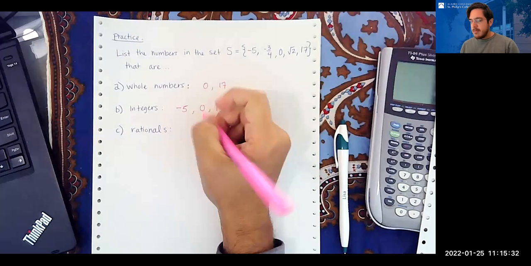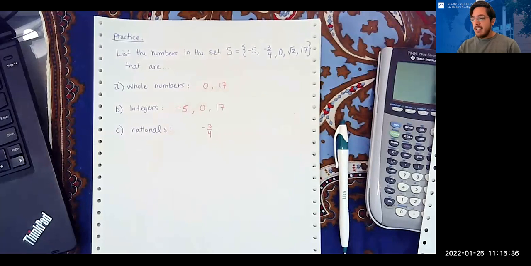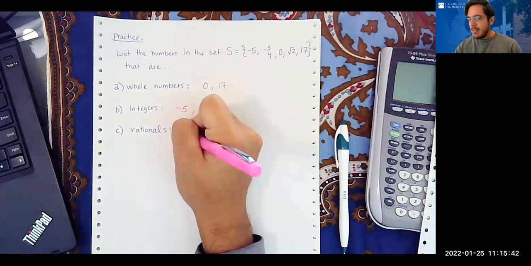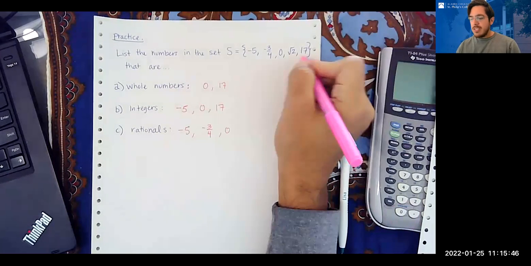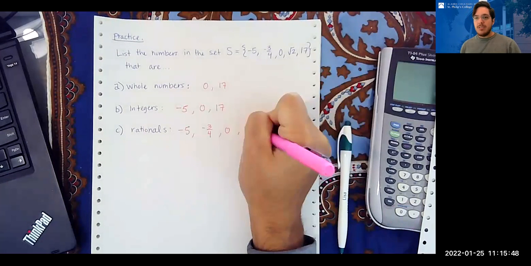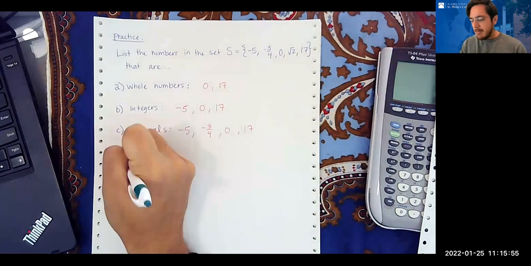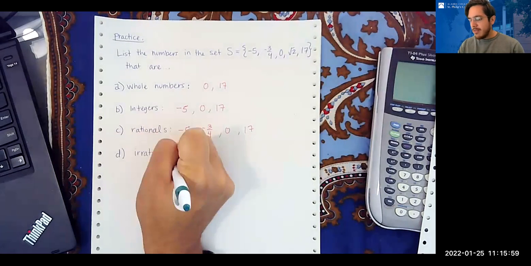All of them are rational, except for the square root. Yeah, that's perfect. So all of these numbers are rational numbers: -5, -3/4, 0, and 17. The square root of 2 is the only one that is an irrational number. So if I asked you to list all the irrationals, well, that would just be the square root of 2.